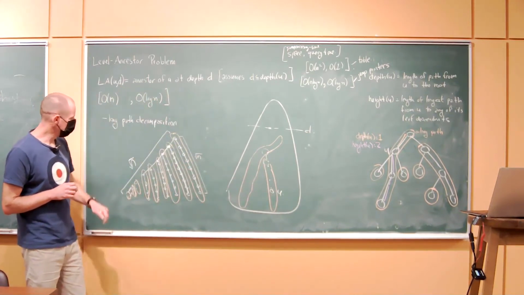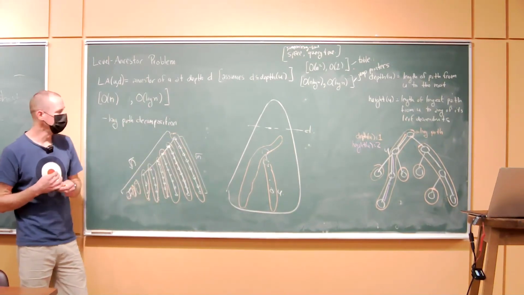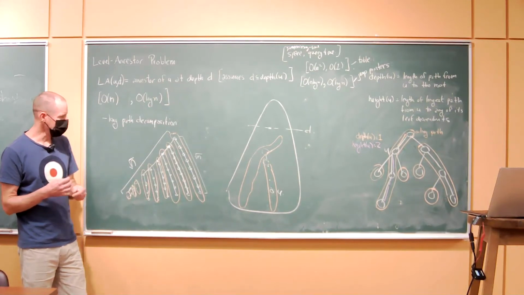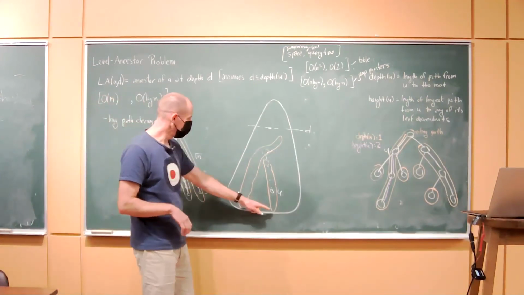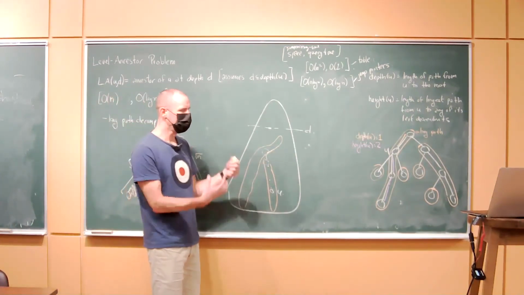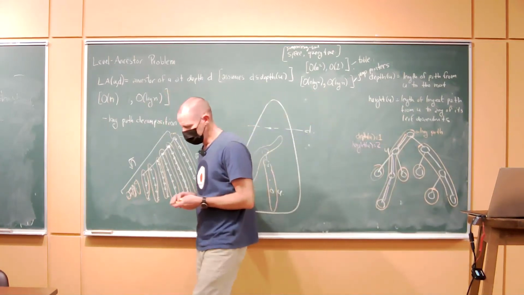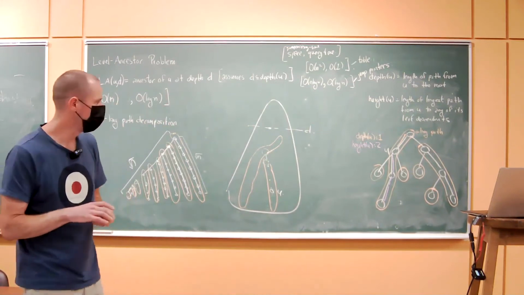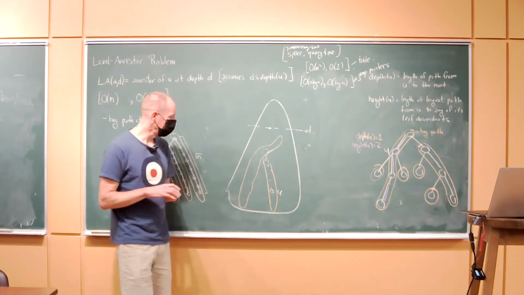So it's O of n space, but it's got this awful square root n query time if you get a really bad tree. Well, here's a trick you can do. For each of these paths, after you've done this long path decomposition, you're going to turn it into something called a ladder decomposition, which is not really any more complicated.